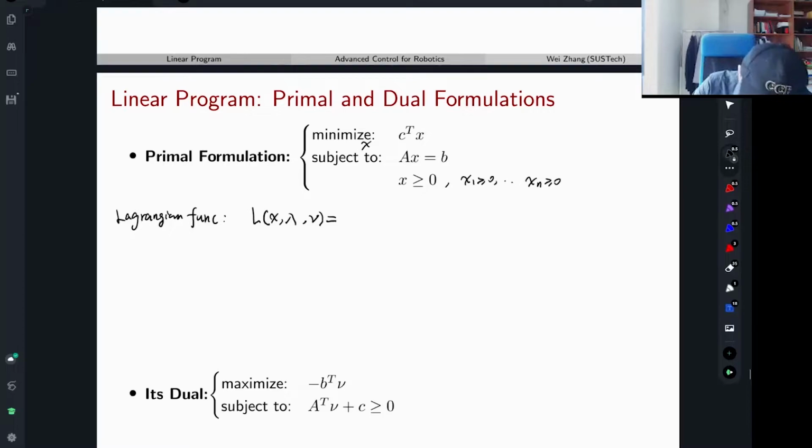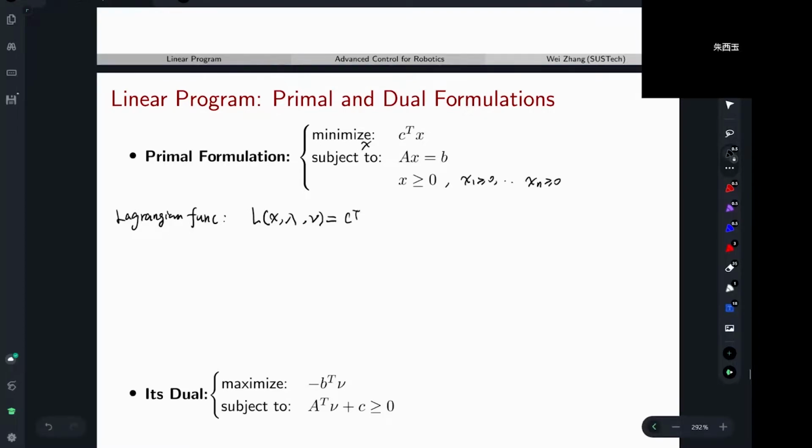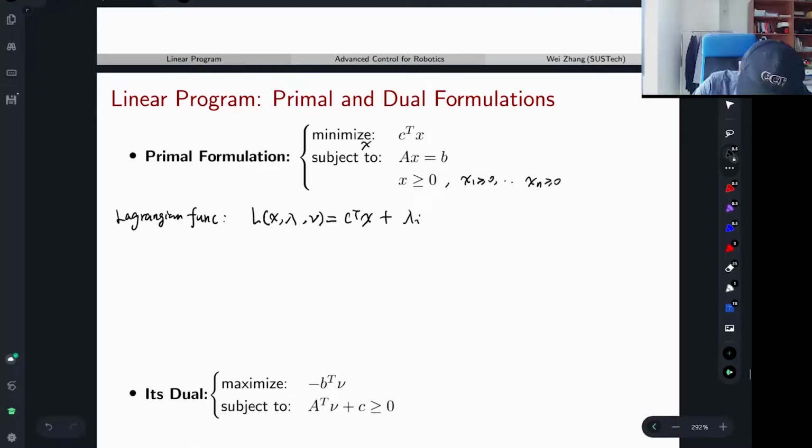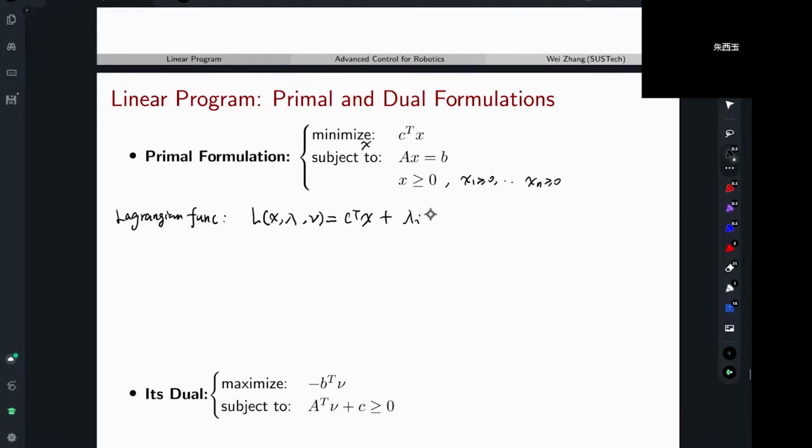First, I think it is c transpose x, plus lambda i times the inequality constraint, which is a summation over i.